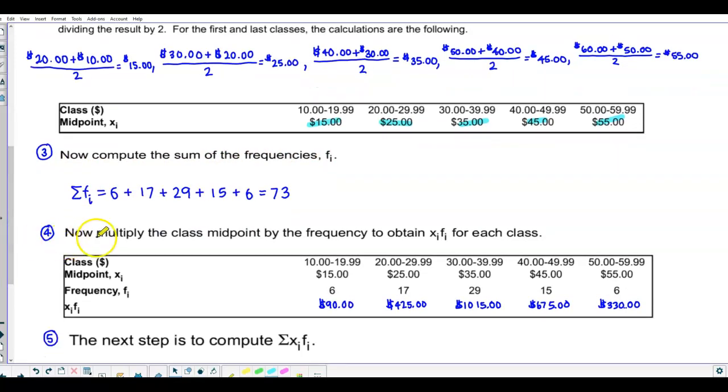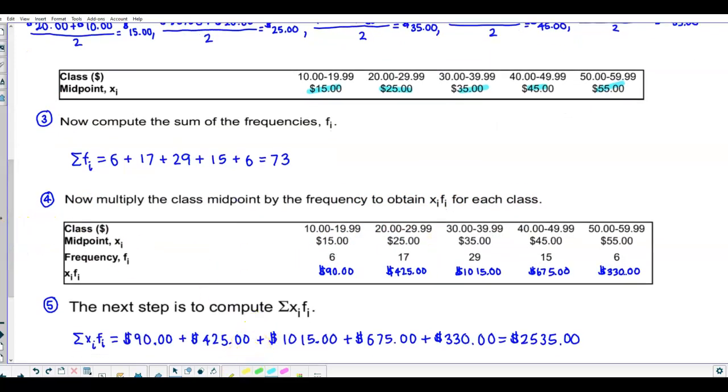And now, part 4, we want to multiply the class midpoint by the frequency to obtain xf for each class. So we take 15, which is the midpoint, and multiply it by the frequency, 6, which gives you 90.